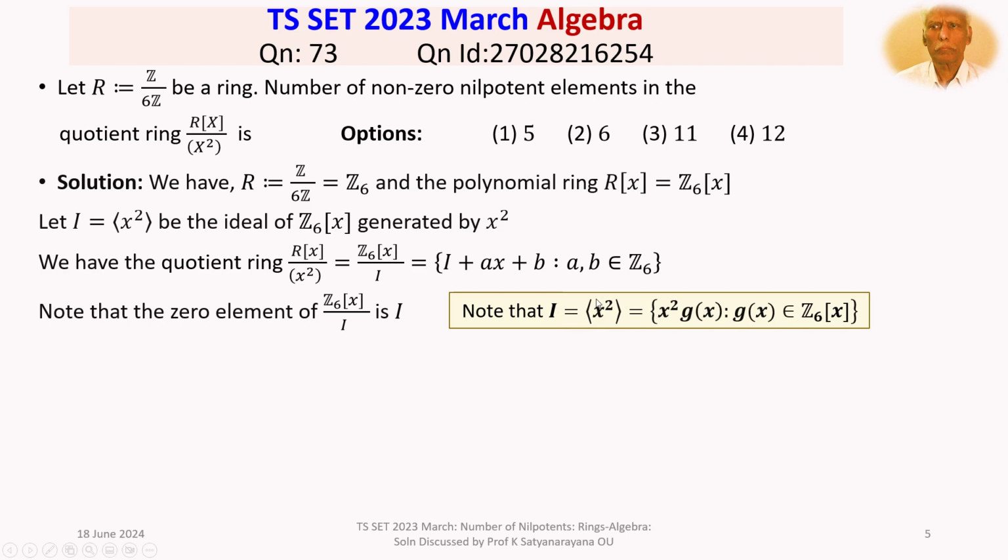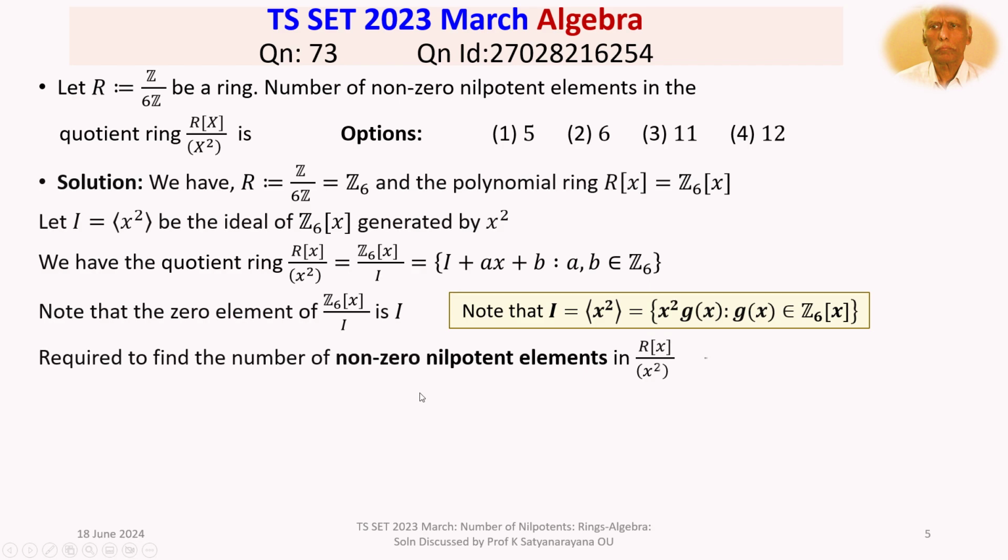I is the ideal generated by x², the set of all those polynomials which appear as x² times g(x), where g(x) is a polynomial coming from Z6[x]. Now, what is it that we want to find? We are required to find the number of non-zero nilpotent elements of this quotient ring R[x] by the ideal generated by x², that is the same as Z6[x]/I.